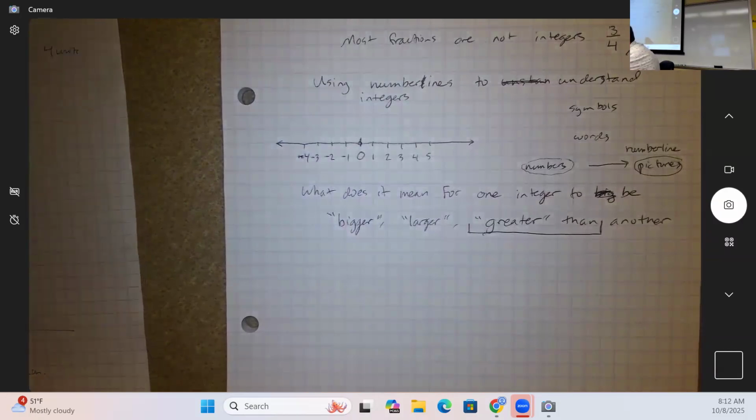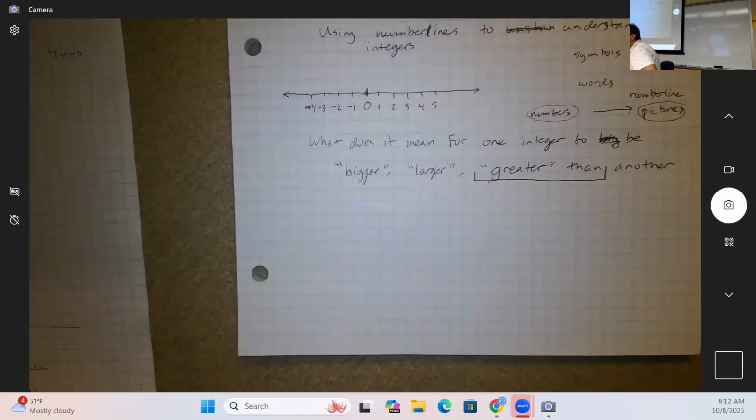Well, is 8 greater than 3? Yeah, that's pretty clear. Is -8 greater than 3? No. Right, the number 8 is bigger, but it's a negative. So greater than does not mean larger.